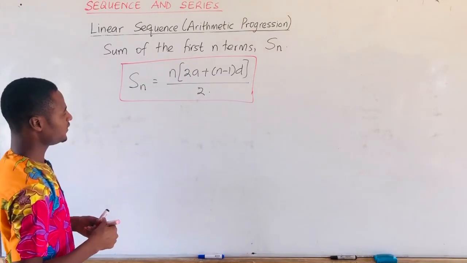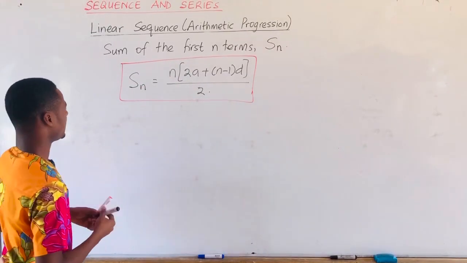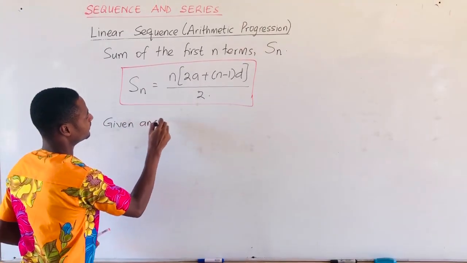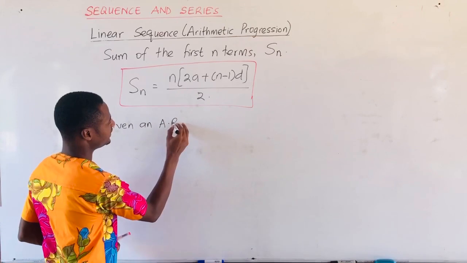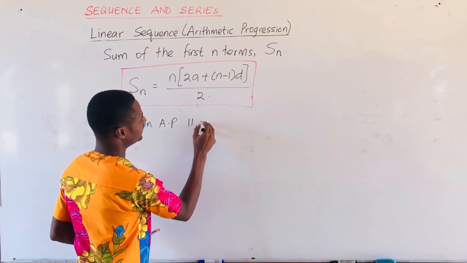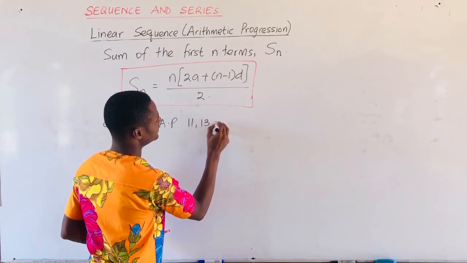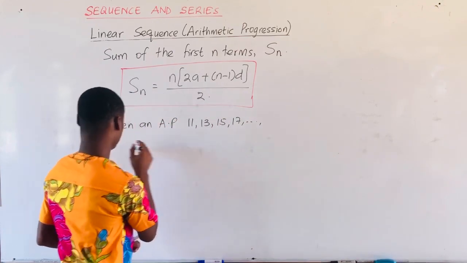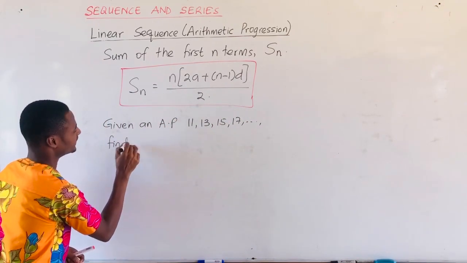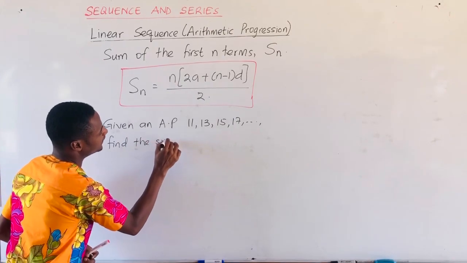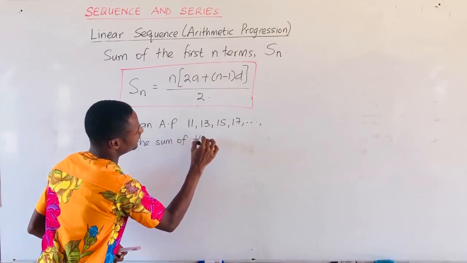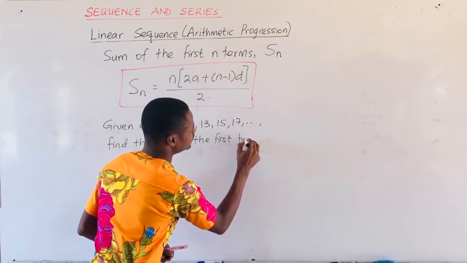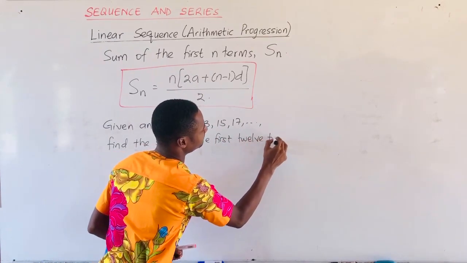And so given an AP or a linear sequence 11, 13, 15, 17, and so on, we want to find the sum of the first 12 terms.